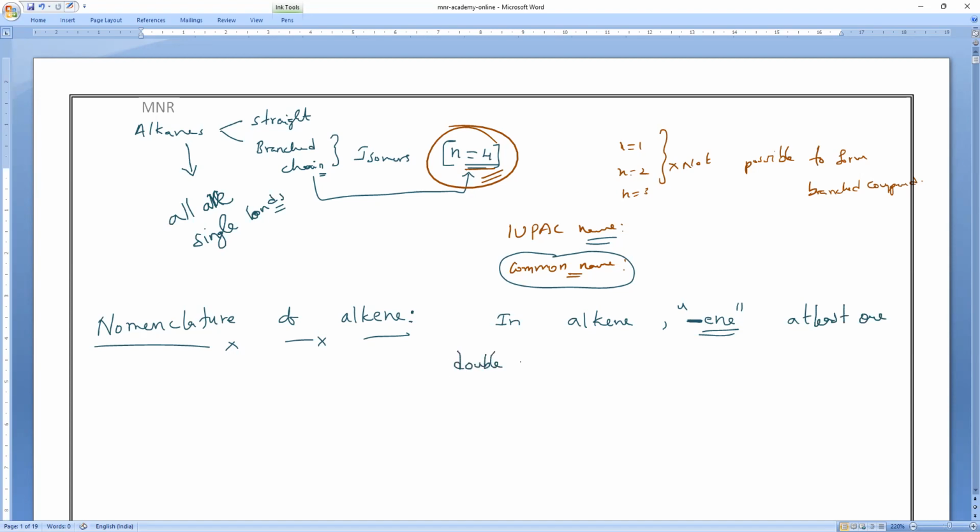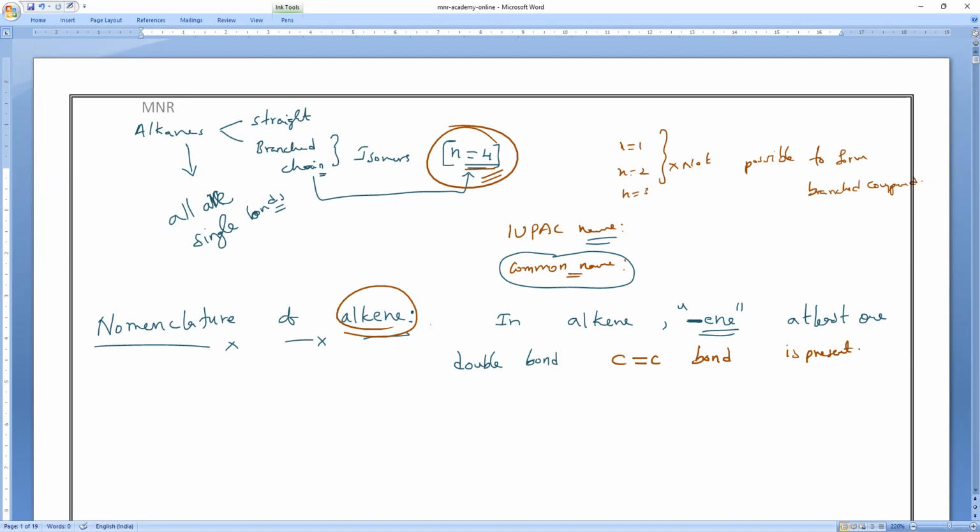At least one double bond between what? Not between carbon and hydrogen, but between two carbons. That is very, very important. Only if a double bond is present between two carbons can we call it an alkene.